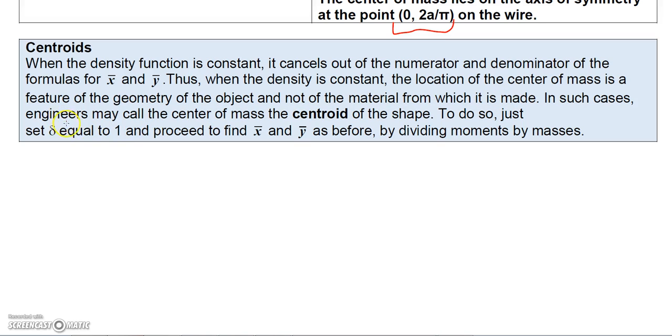In such cases, engineers may call the center of mass the centroid of the shape. To do so, just set the density function equal to 1 and proceed to find x bar and y bar as before by dividing the moments by their masses. In other words, you can set the density function equal to 1, because it doesn't matter whether a constant density is 1 or 100, since the densities are going to cancel out when you divide.